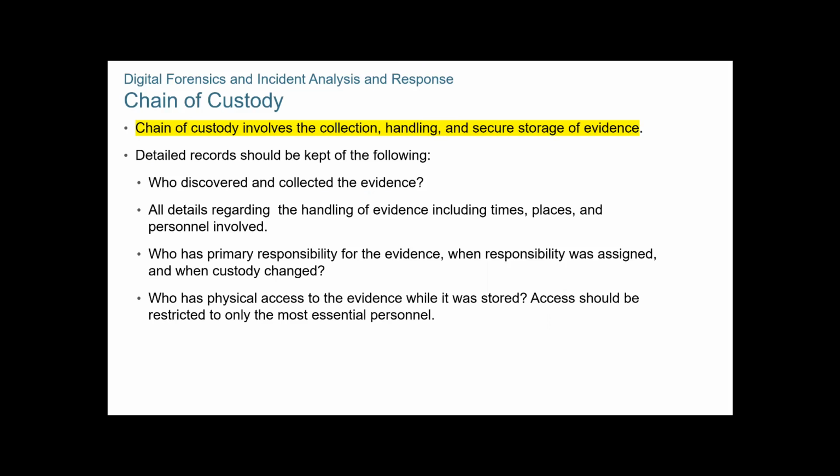So some of these same questions are in that lab, and you'll just need to turn it around and ask the question as if you were an investigator. All the details, the times, the places. In an investigation, all these details have to be covered: who had physical access to it, where it was stored. So chain of custody is very important.